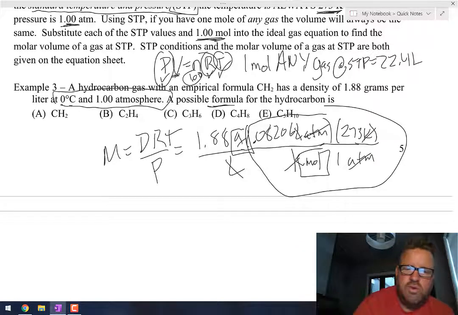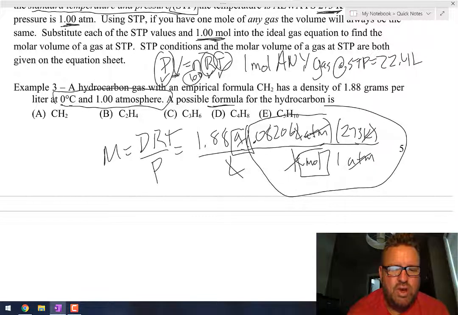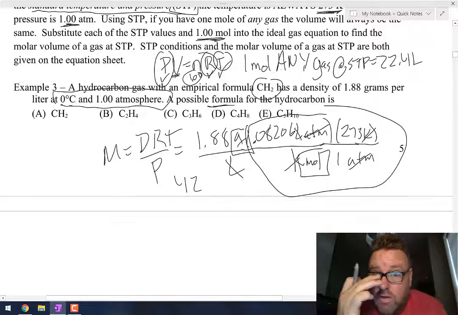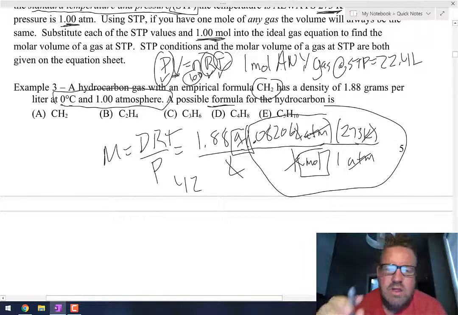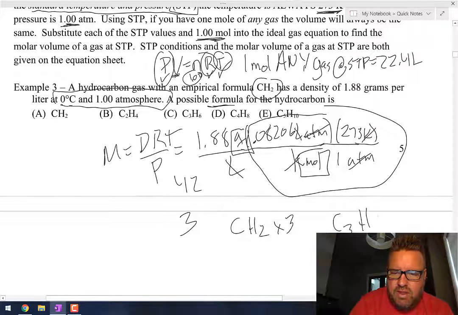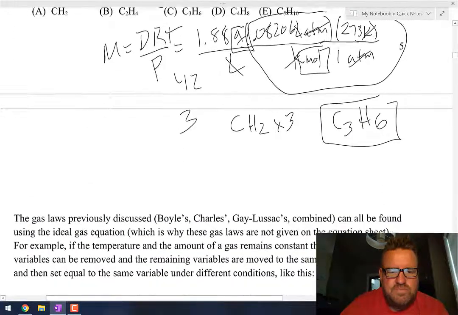So really what we're doing here is taking 1.88 and multiplying by 22.4, which equals 42, roughly. CH2 has a mass of 14, and 14 times what number equals 42 is 3. So we've got to take CH2 and multiply it by 3. So C3H6 is the correct response.